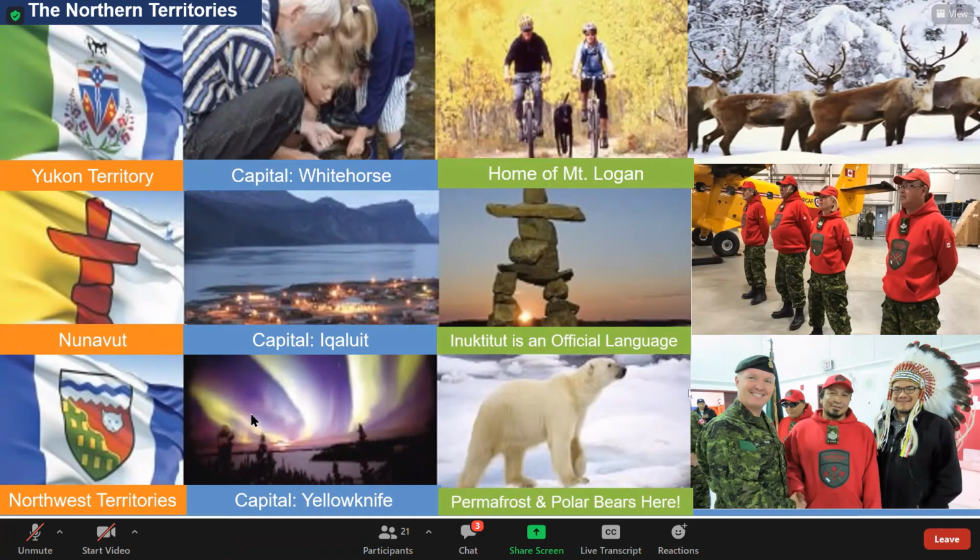I have a question about the official language. When we ask what is the official language of the country, we have English and French. However, the official language of this territory is not English and French. I think English and French will still be available in those territories.